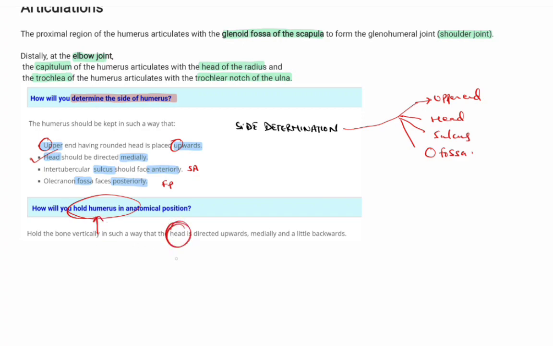Now when you hold the humerus in anatomical position, the head will be directed upward, medially, and a little backward. So the diagram of the humerus will look like this: upward, medially, and a little backward. This is the head.